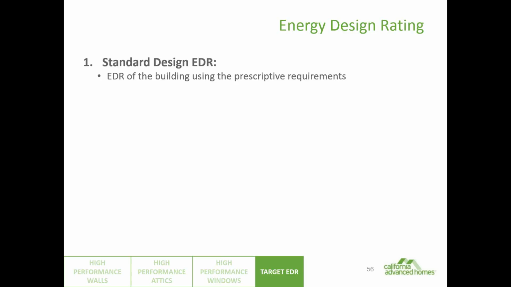There's a standard design EDR, and this is the EDR of the building using the prescriptive requirement. So this exists right now in the 2016 code, and I would recommend you all, whether you're in CAHP or not, to start paying attention to your EDR, because percent compliance will matter less than your EDR in 2019. But there's a bunch of different EDRs. There's the standard design EDR, and that's just your building using prescriptive requirements. There's proposed design EDR, which is your building.